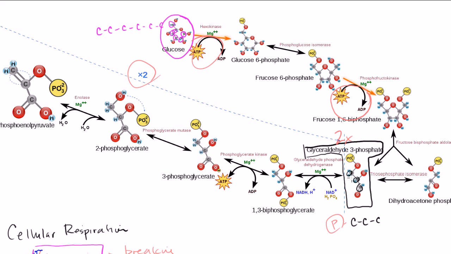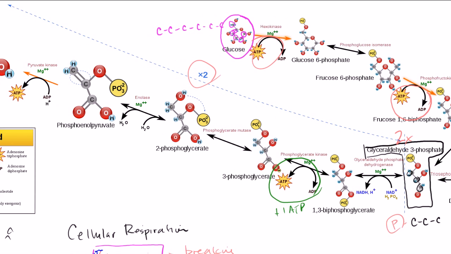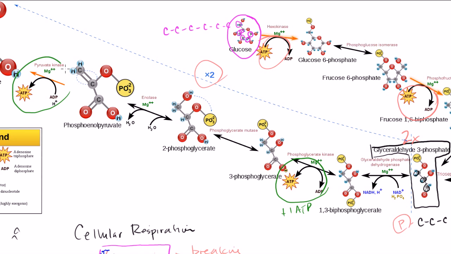And for each of the glyceraldehyde 3-phosphates, or PGALs, or phosphoglyceraldehydes, we can look at the mechanism. And say, okay, look here. There's going to be an ADP turning into an ATP there. So this is +1 ATP. And then we see it again happening here on our way to pyruvate.